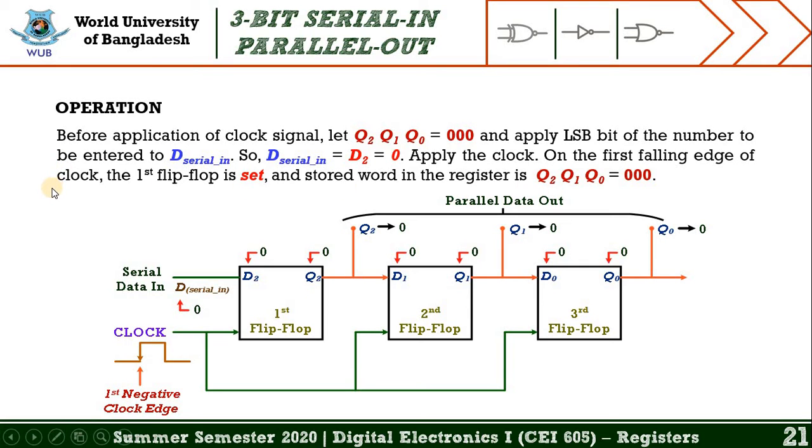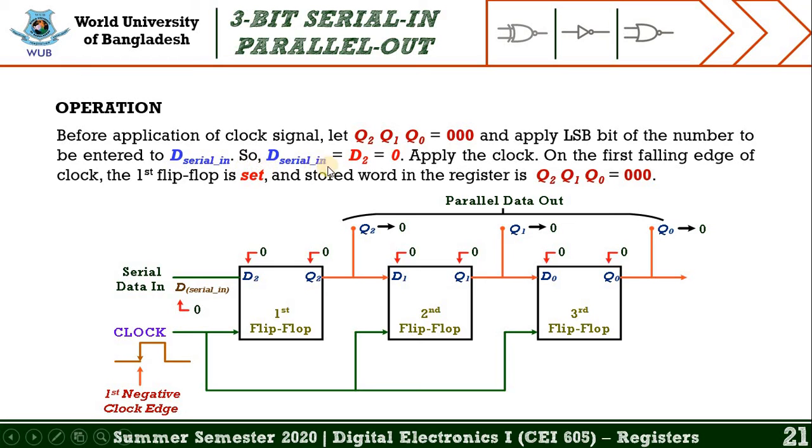This slide represents the operation of 3-bit serial in parallel out. So let's begin. Before application of the clock signal, let the value of Q2 be 0, the value of Q1 be 0, and the value of Q0 also 0, which means Q2, Q1, Q0 is equal to 0, 0, 0, and apply the LSB bit of the number to be entered to D serial in.